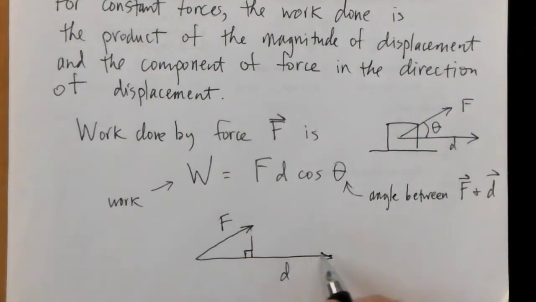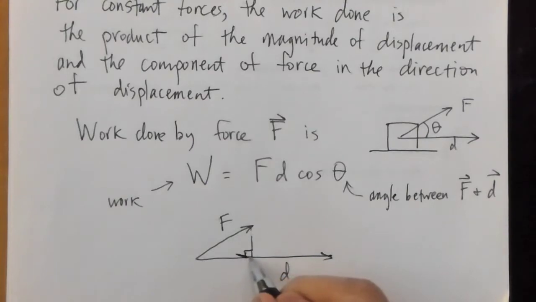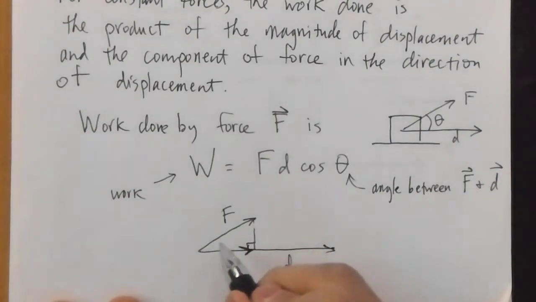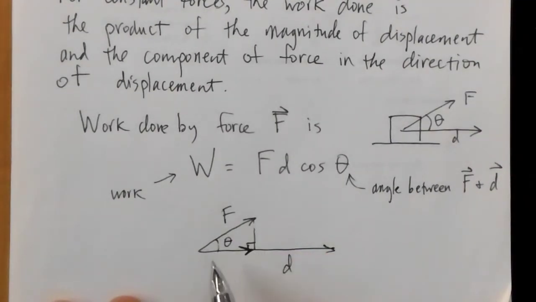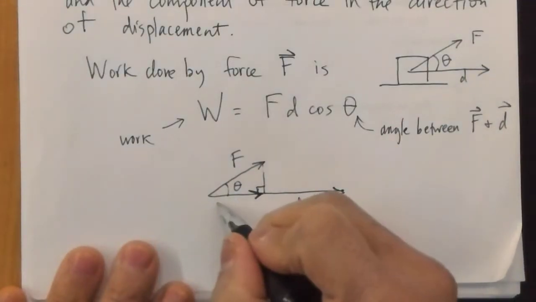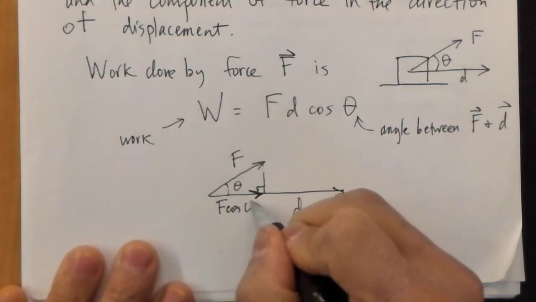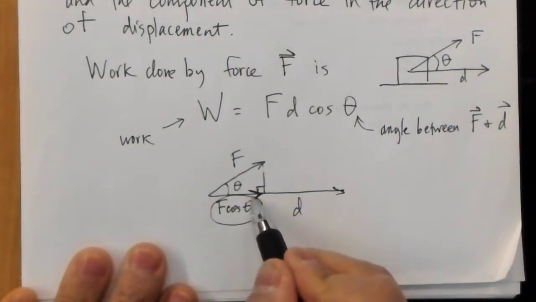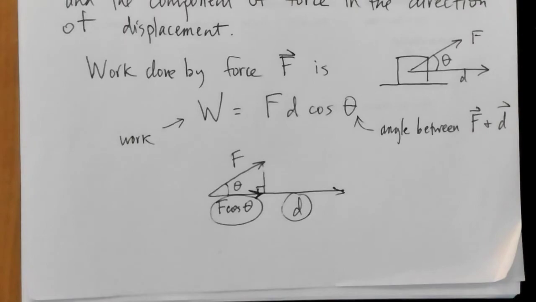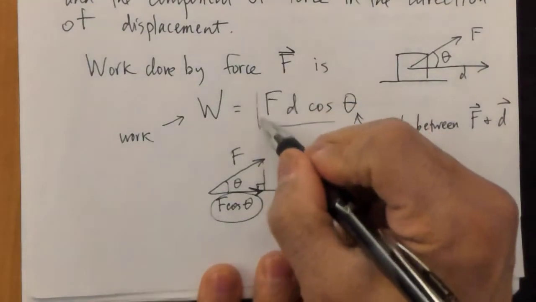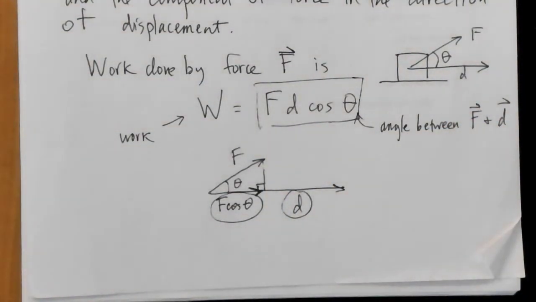So this is the direction of the displacement, and I need this component here. This is the angle theta, and this side is the adjacent side to theta, so that's why this is going to be F cosine theta. Then if I multiply this and D, that gives me the formula F D cosine theta. Pretty good.